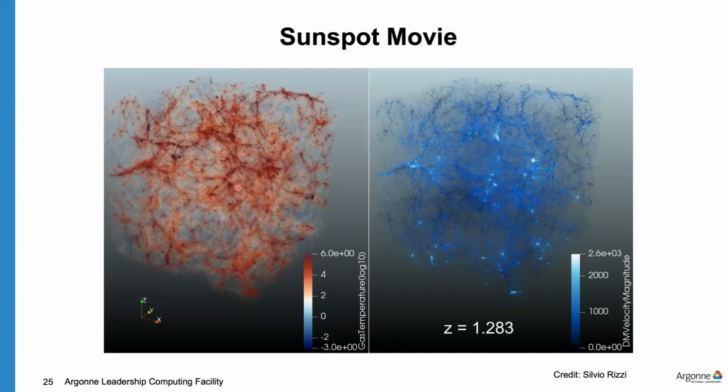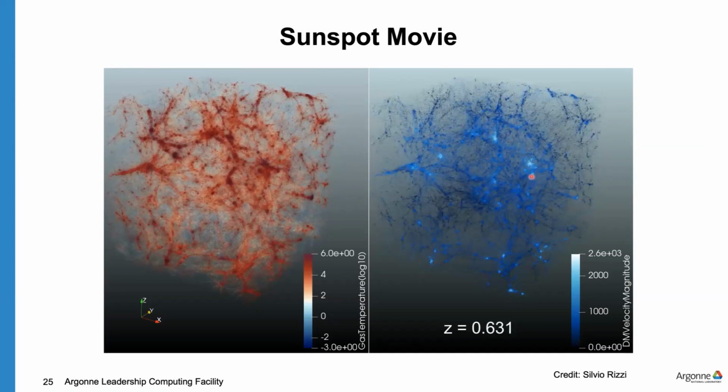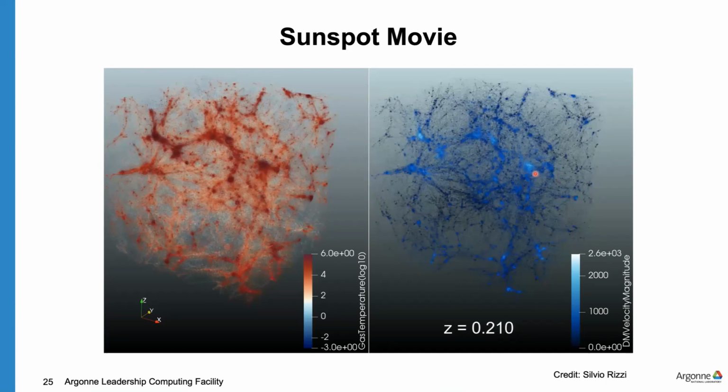In the more dense regions, you're seeing higher temperatures as a result of the baryonic physics. Similarly, on the right side, in the clustered regions, you see higher velocities. These are the virial regions of the overdensities, right? The particles are falling into these overdense areas and virializing, and that results in the higher gas temperature.